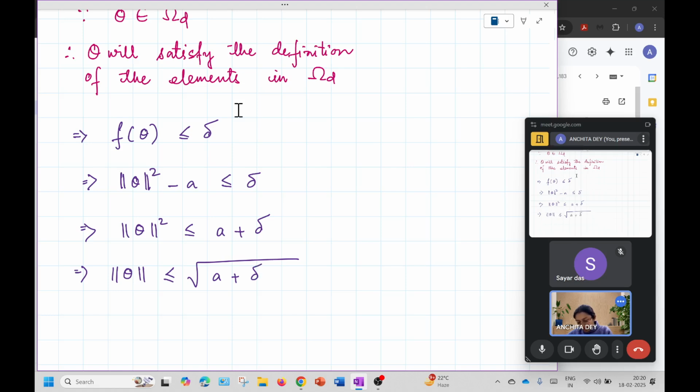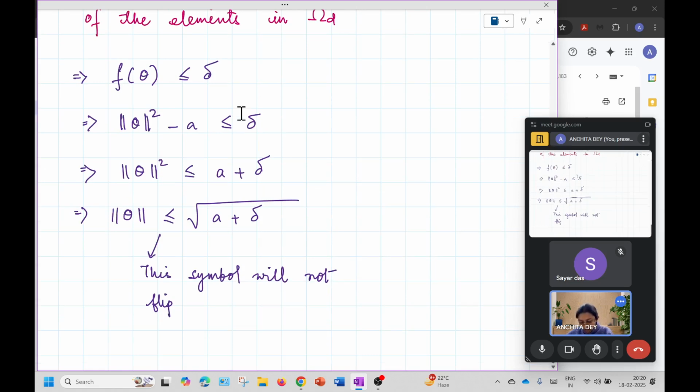So this symbol will not flip, because we are dealing with the norm of theta.